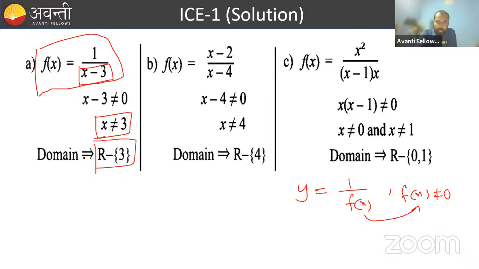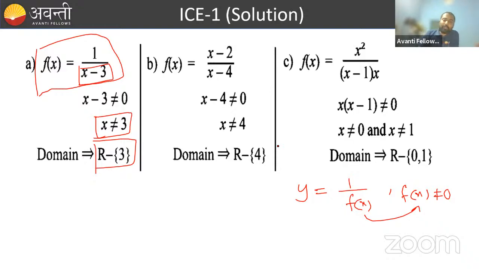Come to the second function, f of x is equal to x minus 2 upon x minus 4. Here the domain will be x minus 4 is not equal to 0, for this function to be defined, because in the denominator x minus 4 is present. If x becomes 4, then the denominator becomes 0, then the function will not be defined, right?